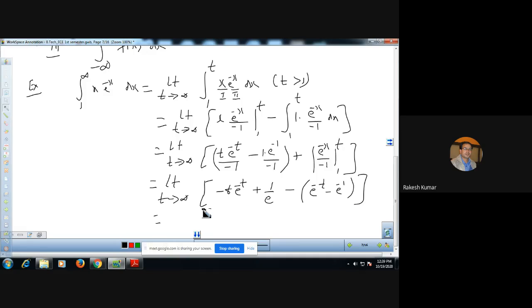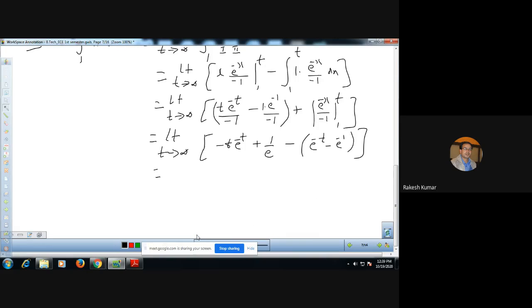Now, you can take the limits, but before taking the limit, you just simply solve it first. That is the limit t approaches infinity of minus t e raised to power minus t. This is a constant term. You can simply write down 1 over e.